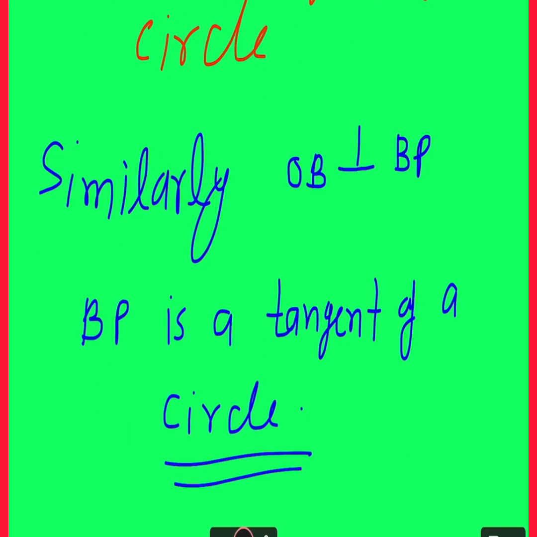If you are asked for the justification, to justify that this is a tangent, what you have to say is that you will use a theorem: angle in a semicircle is 90 degree, therefore OA is perpendicular to AP and OB is perpendicular to BP. Okay, these two things you will use, and you know that it is a condition only when it is a tangent. Radius is always perpendicular to the tangent.